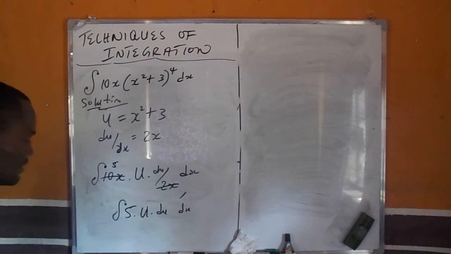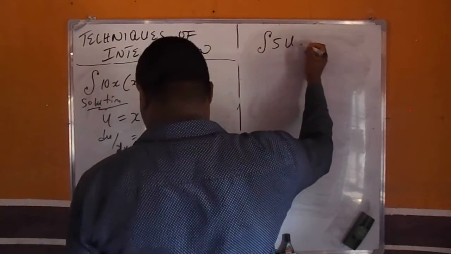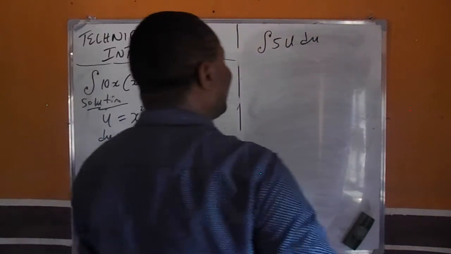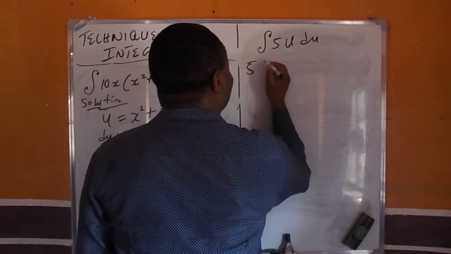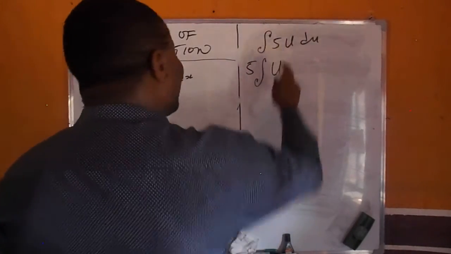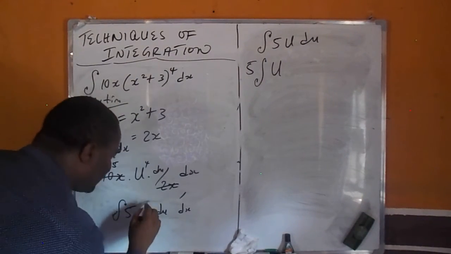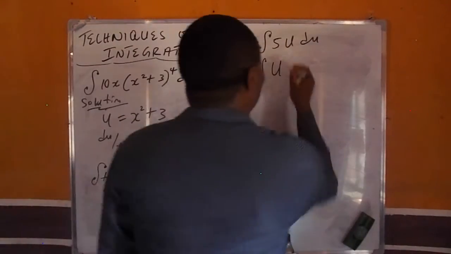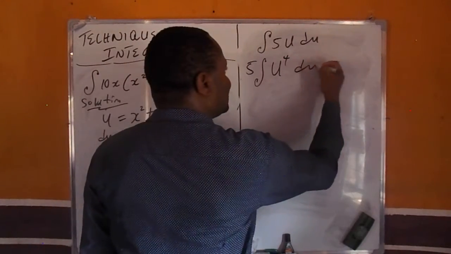Then we have integral 5 u to the power 4 du. This 5 will come outside, giving us 5 integral u to the power 4. The u we have here is raised to power 4, so we put the power 4 here. We should now have u raised to power 4 plus 1.